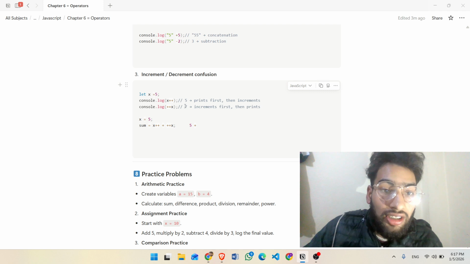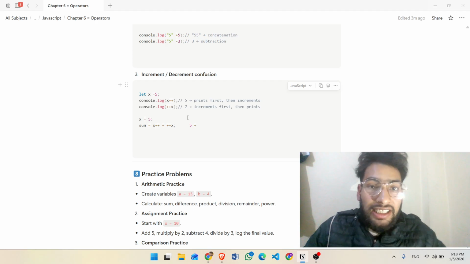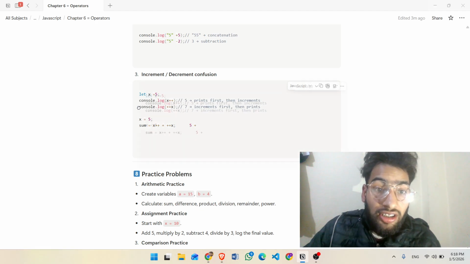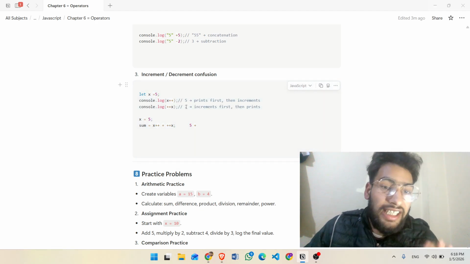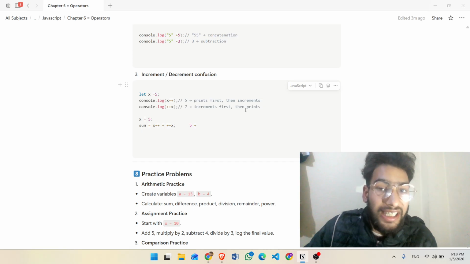It is first printing and then after printing it increments. And in console.log plus plus x, it increments first, then prints.